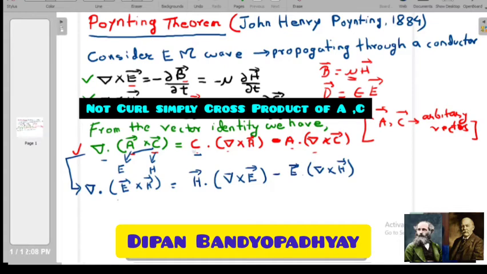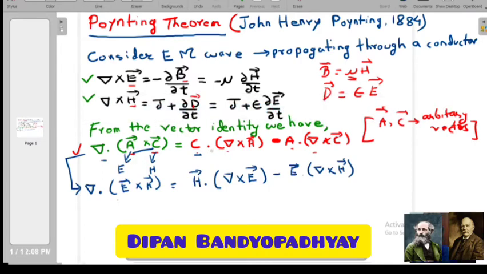The divergence of the cross product of A and C is the dot product of C and the curl of A, subtracted by the dot product of A and the curl of C. You can refer to any 11th, 12th physics books, you will get this. This is for any two arbitrary vectors.